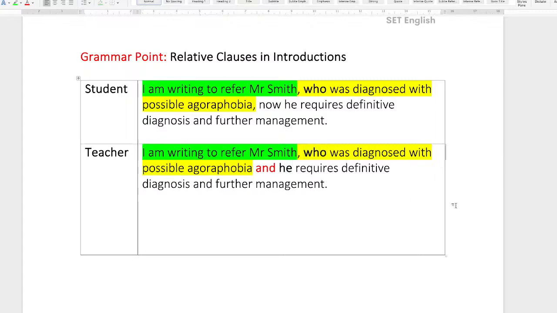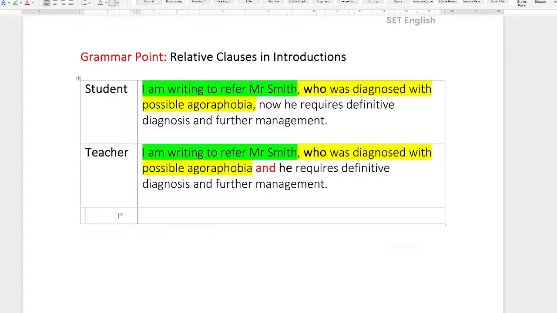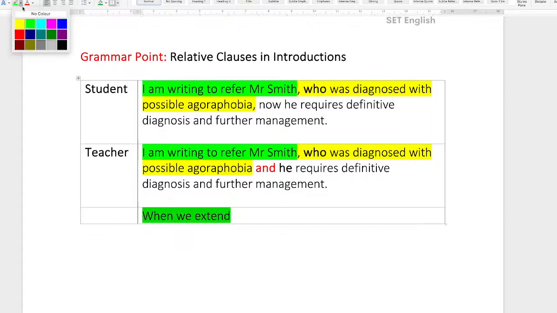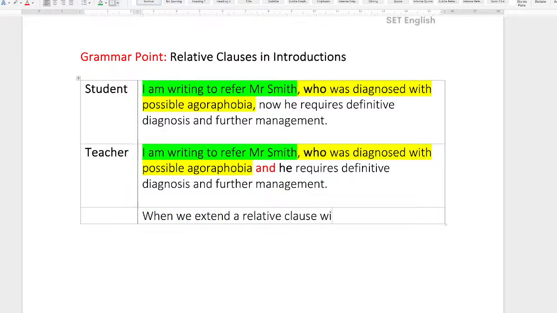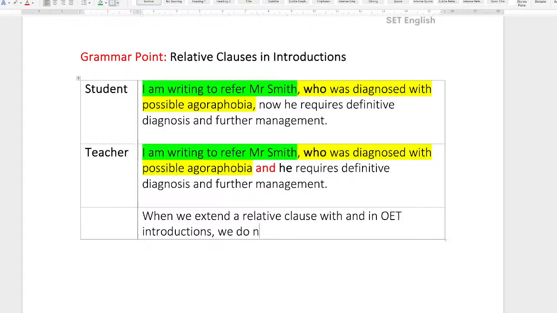Now here's a good rule for us to have. When we extend a relative clause with "and" in OET introductions, we do not need to repeat the subject.